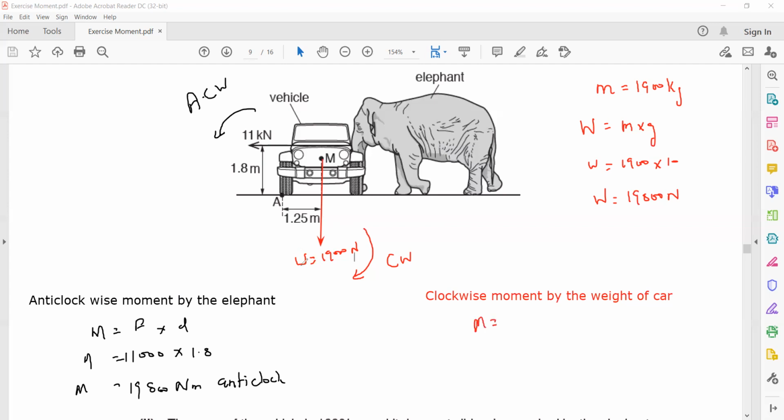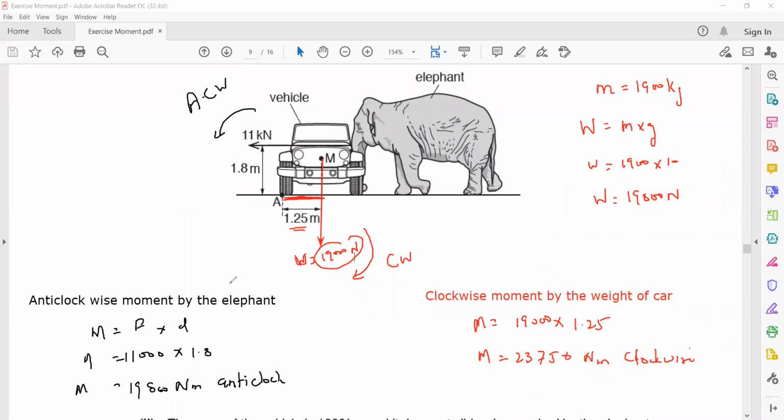The force which the car is applying, that's the weight of the car, which is 19,000. And the distance, we always take from the pivot. The distance between the weight of the car and the point of rotation is 1.25. So 19,000 multiplied by 1.25 equals 23,750 Newton meter clockwise.